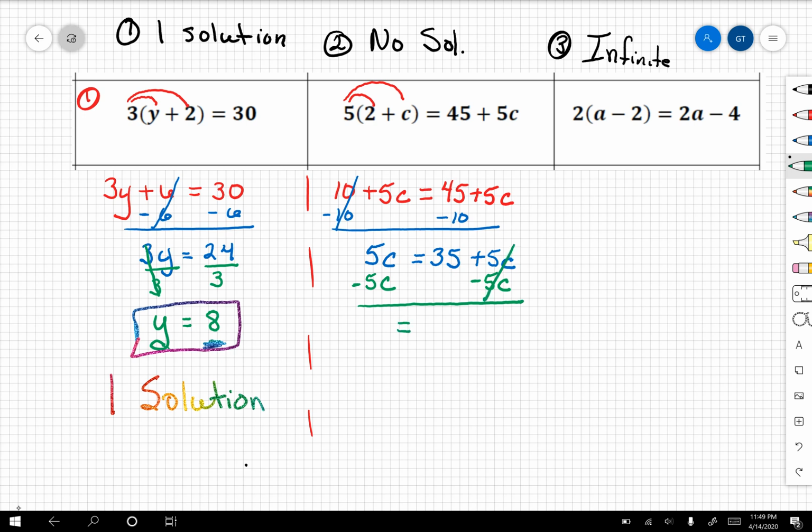So on this side of my equal sign, what I have left is 35. Positive 5c minus 5c is going to equal 0. Well, guess what? 0 does not equal 35. Okay, so 0 does not equal 35. That means this problem has no solution.